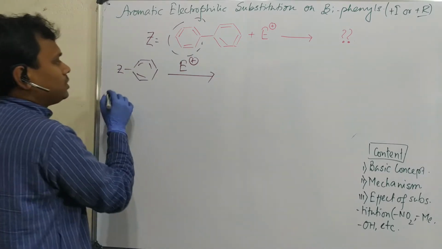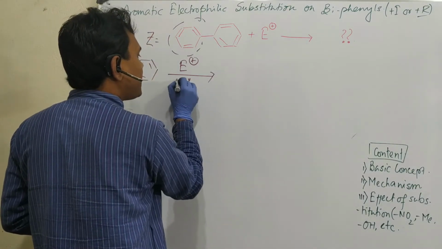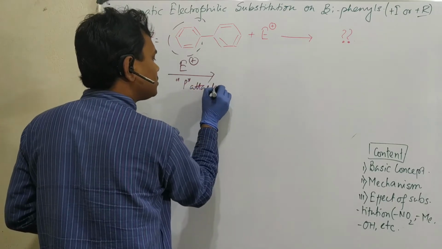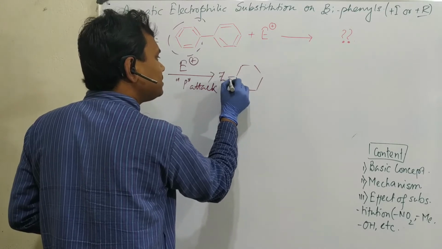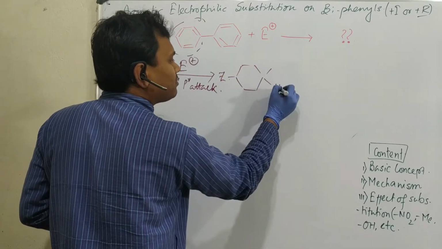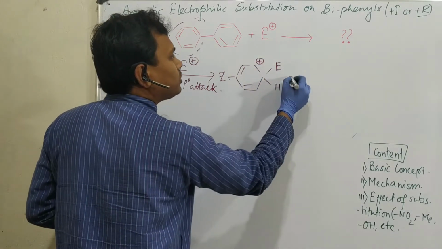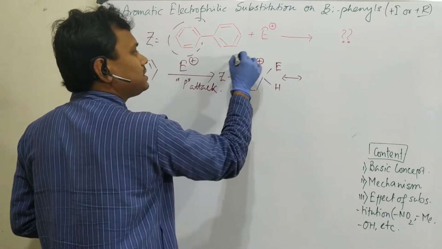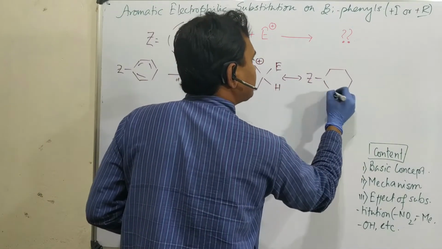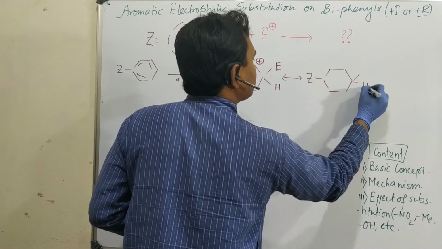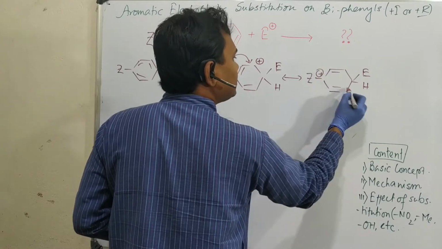So what is possible? What is para? If it is a para attack, Z means this biphenyl. Para means this position is hydrogen, this is E, so the plus charge is here. It has a canonical form: the charge can come here, and the double bond is here right now, plus charge here.